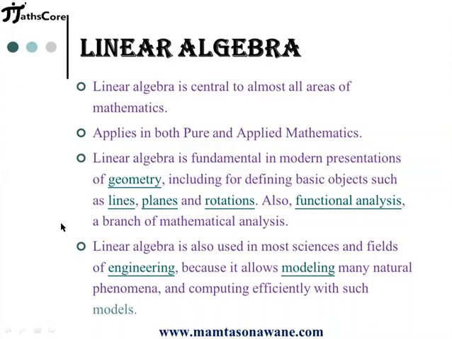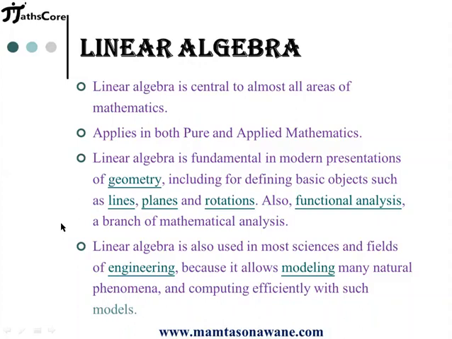Linear algebra is fundamental in the modern presentation of geometry, including for defining basic objects such as lines, planes, and rotation. What does that mean? Linear algebra concepts include all the fundamentals of the modern presentation of geometry. It means the modern presentation of geometry is included in the linear algebraic structure. Okay. And it is used for defining basic concepts such as lines, planes, and rotation.